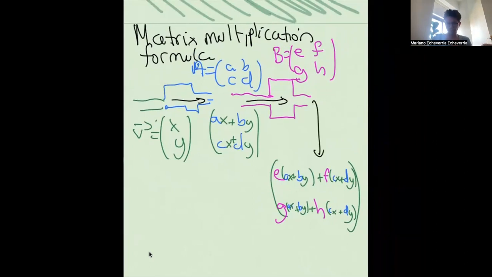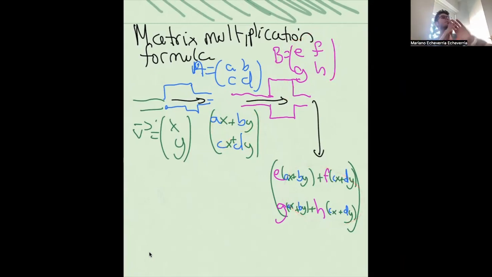So what I'm saying is that when you apply the first matrix, the vector that you end up getting is ax plus by and cx plus dy. Those are the entries of the output. But then this one is the input for this one, and so the output after applying that will be this mess.